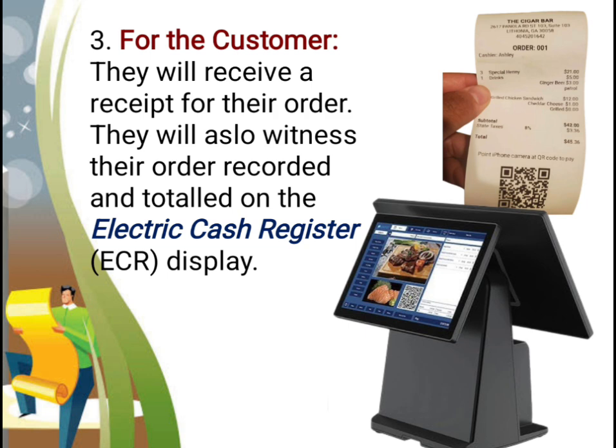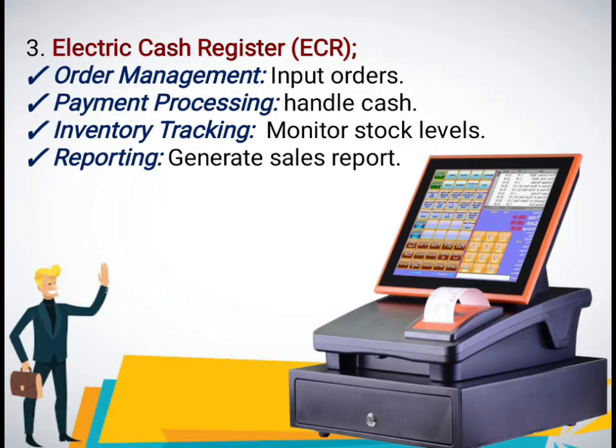They will also witness their order recorded and totaled on the electronic cash register or ECR display. So we have this electronic cash register or ECR. Order management to input orders, payment processing to handle cash, inventory tracking to monitor stock levels, and the last one is reporting to generate sales reports.